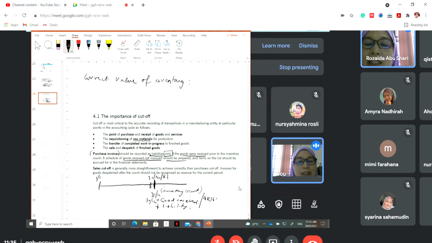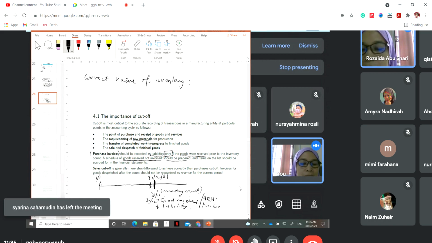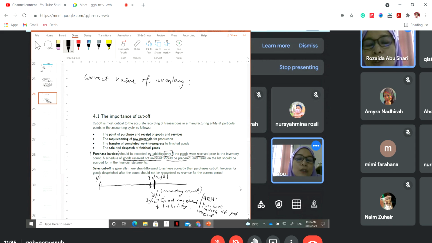Have the purchase invoice received? No, not yet. Purchase invoice not yet received. So now you have to look at whether the company included or not this transaction in their current liability, accounts payable.